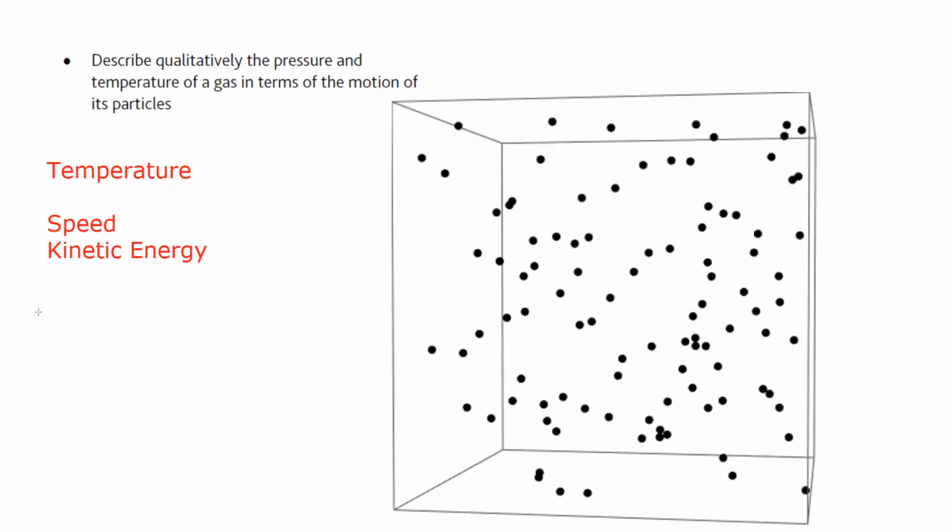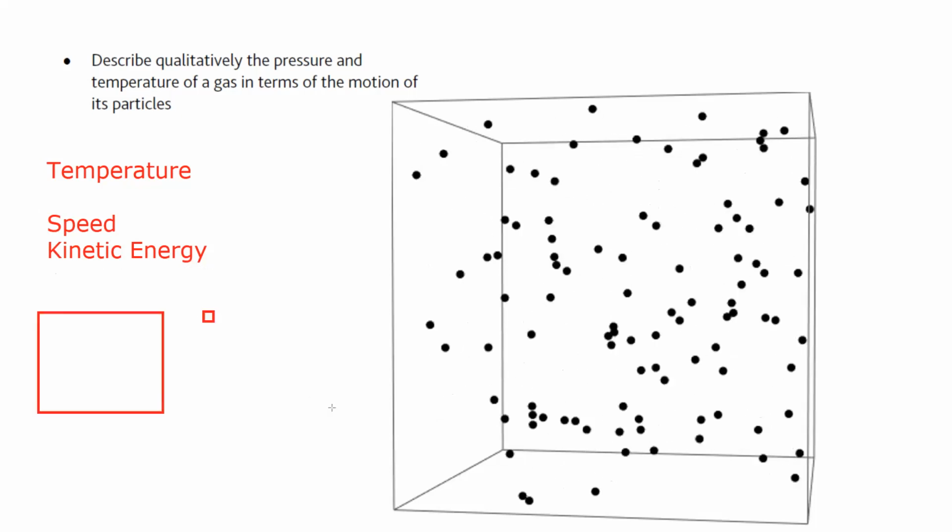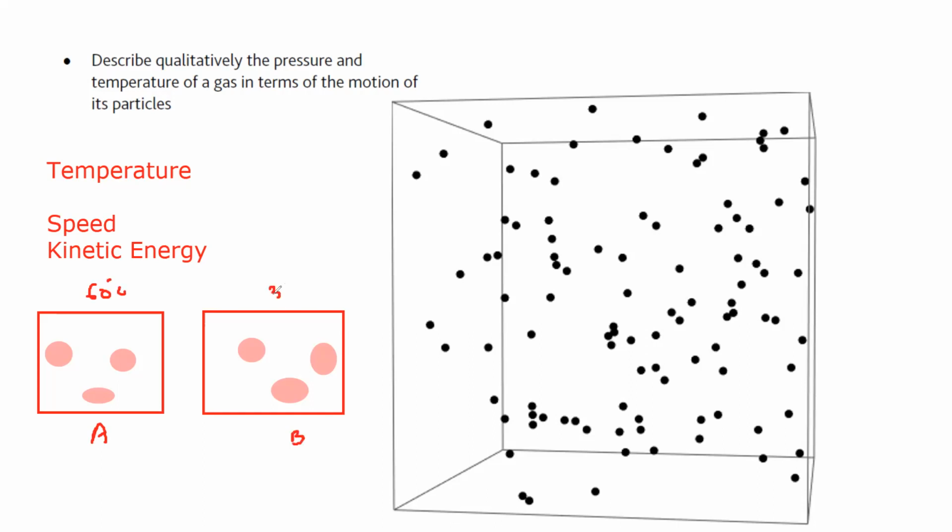energy will decrease. So if you have two containers filled with the same number of particles, identical gases, but at different temperatures. Container A, the gas molecules are at 60 degrees. Container B, the gas molecules are at 30 degrees.